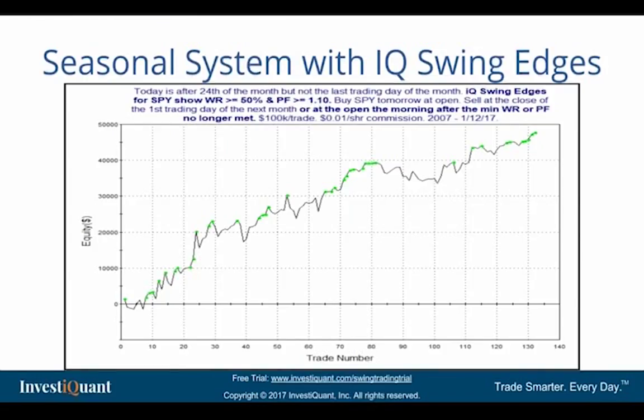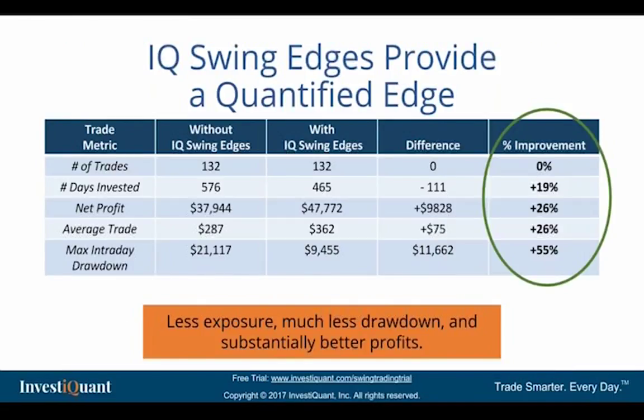And then let's look at the comparison. Interestingly, the number of trades turned out to be exactly the same, because some months there were 0 and some months there were 2, and those months evened out. Number of days invested was reduced though, right? You're in the market 19% less of the time.